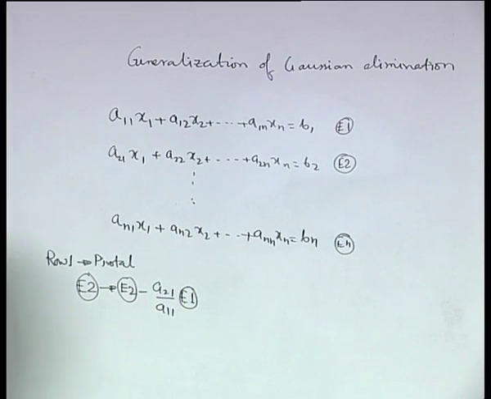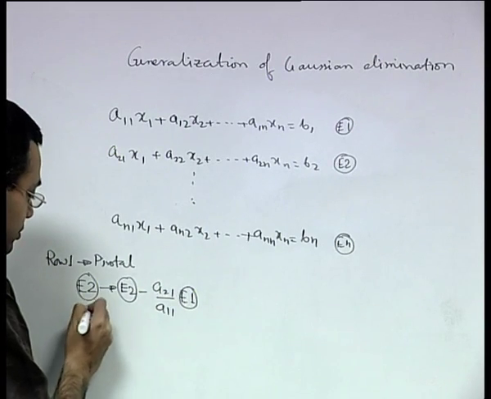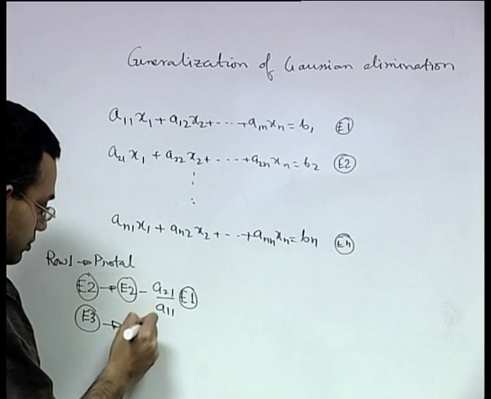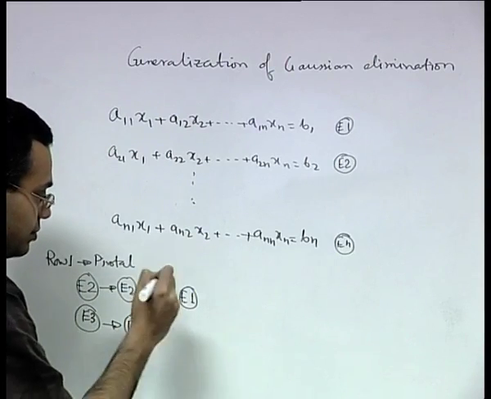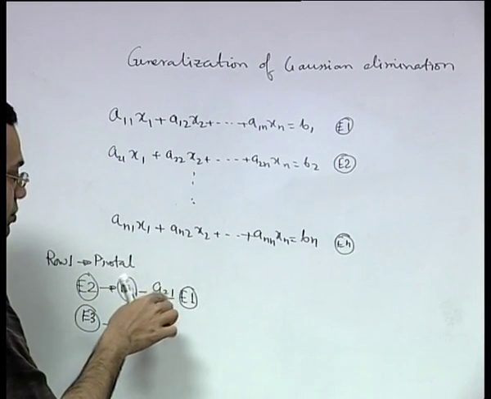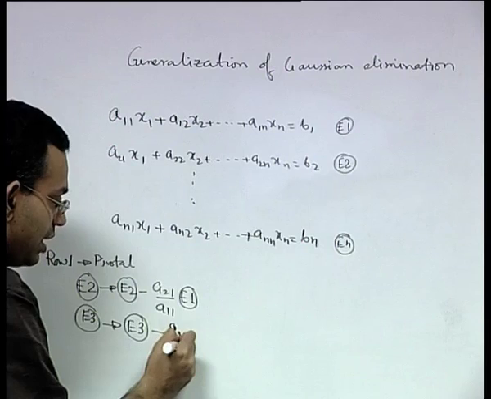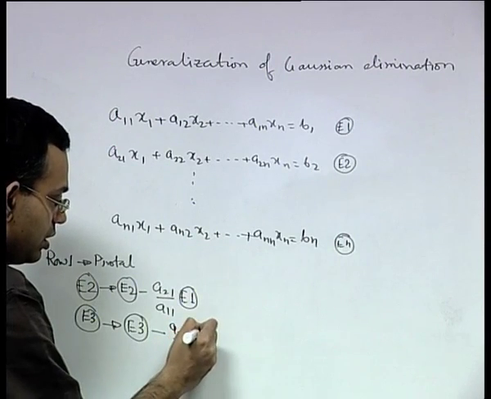So what will be E3? E3 minus, in place of 2 it will be 3. So a31 by a11 into E1.